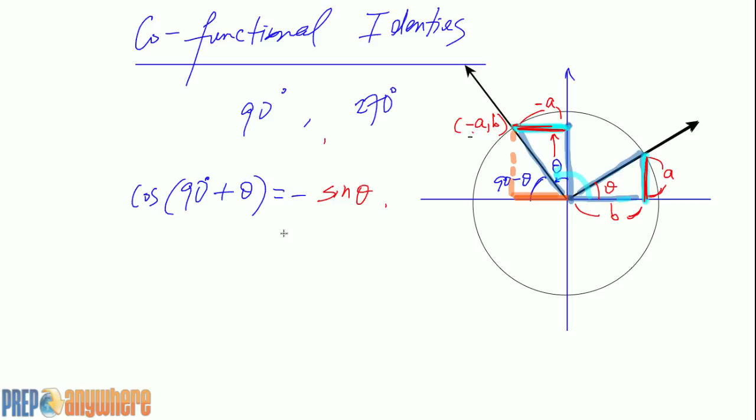If I were to include an intermediate step, that's equal to minus a. But what is a equal to in the rotation of theta? That's equal to sine of theta. Okay, so that's how you get there. So look, cosine changes into sine if our angle is not off of the x-axis. It's off the y-axis, it changes.